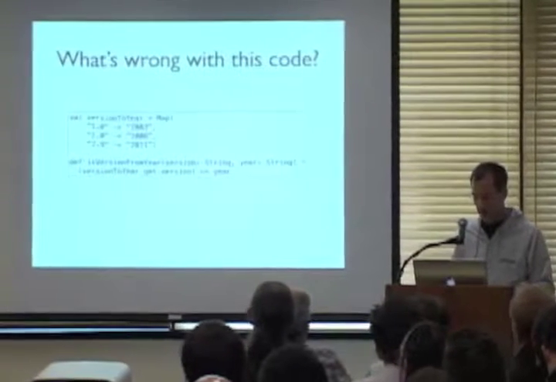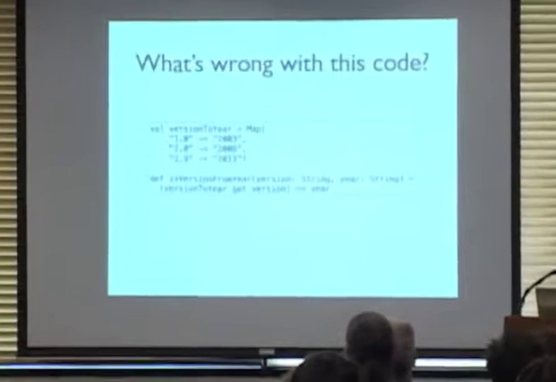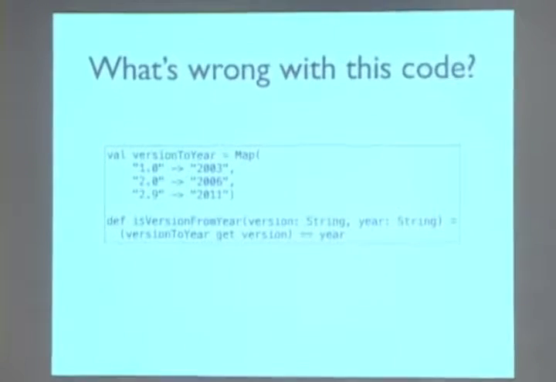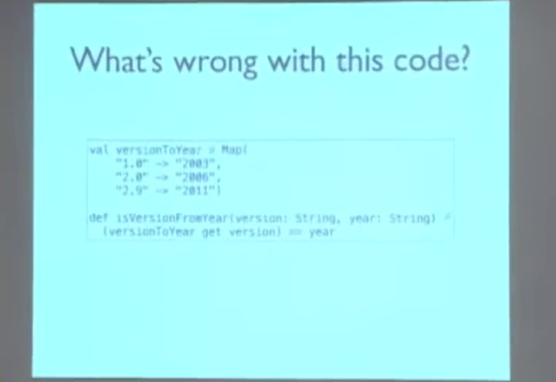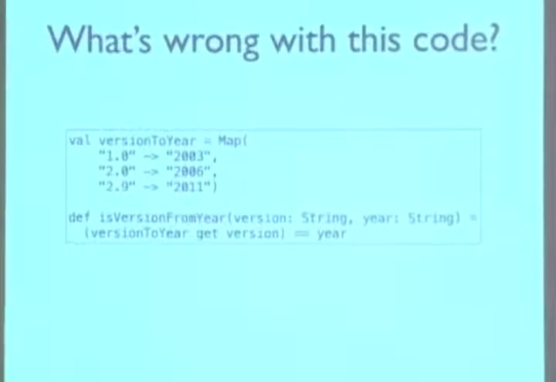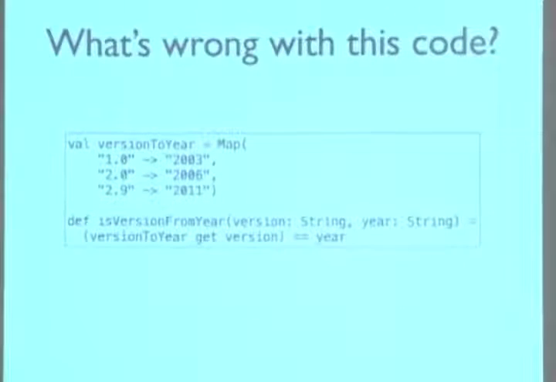Okay, now, what's wrong with this code? This is not Scalaz yet. Tell me, please. You're comparing Option and String with equals. Exactly. So, shit happens.